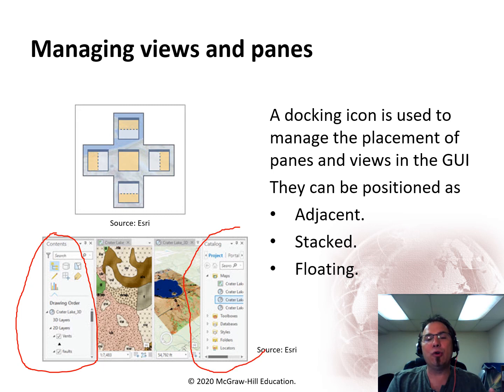There really is no reason to change that whatsoever. I think if you try to mess around with that, you're going to get yourself confused. However, you can adjust certain things. You can make them adjacent to each other. You can stack things and you can float things. Like I can pull these off and make it a separate box that's sitting on my screen. Now, that's probably only useful if you have enough screen real estate to do it.